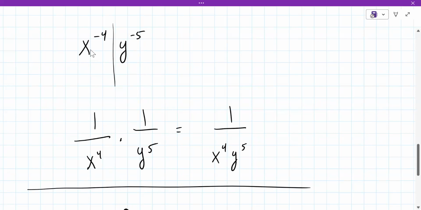So notice it's the same letter. The number is now positive with a 1 up top. Same thing here. Y, same letter, minus 5 goes to positive 5.